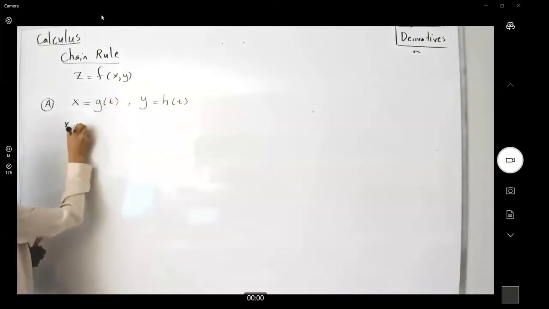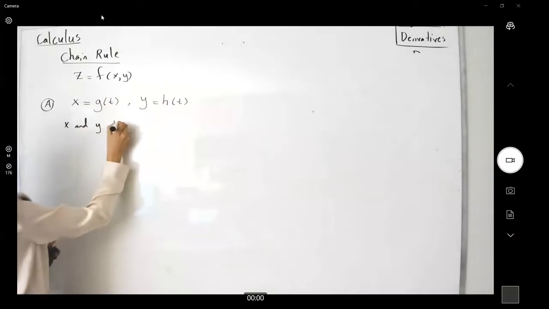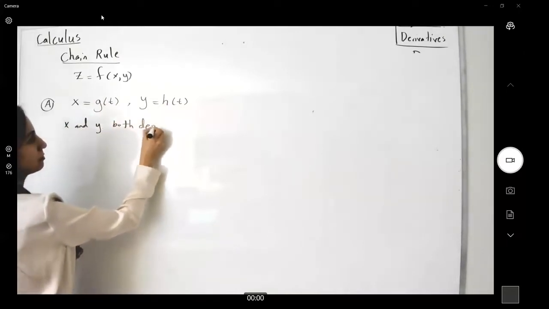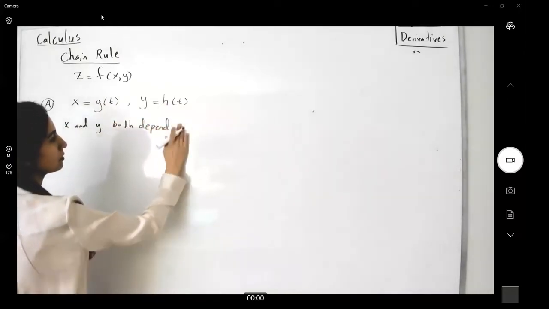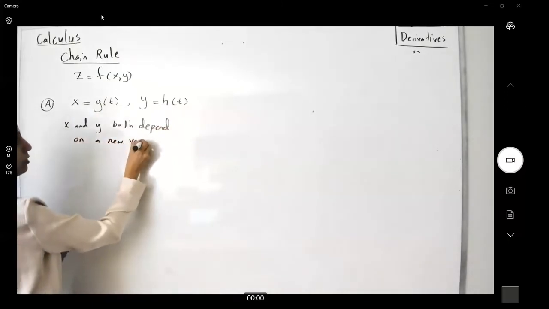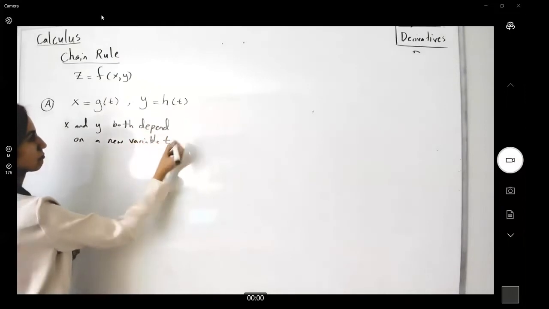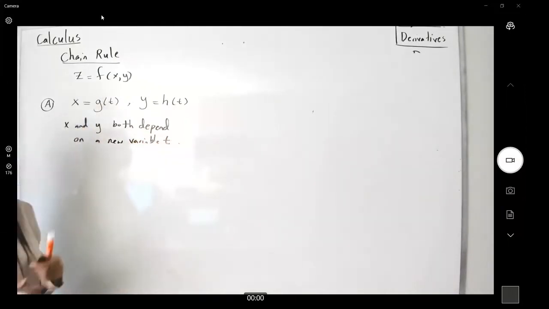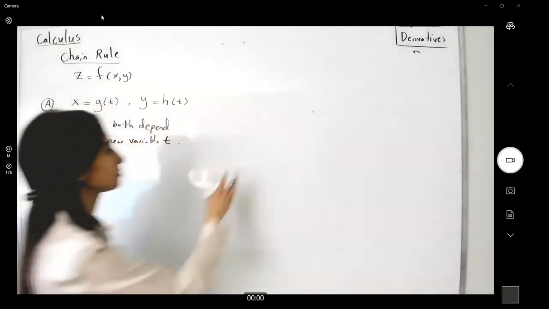So x and y both depend on a new variable like t. How do you take the derivative with respect to t?